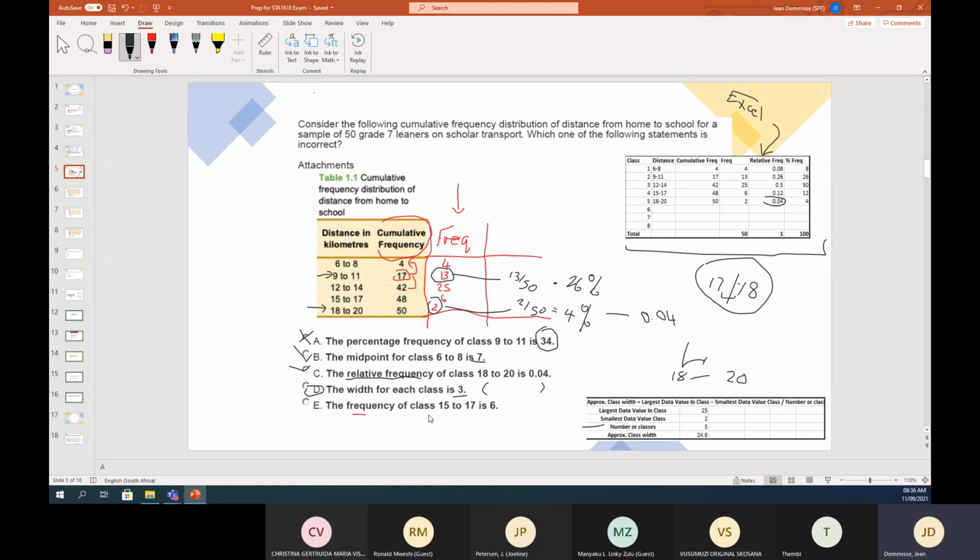Then the frequency of class 15 to 17: again that is just looking at the frequency, so that is correct. The incorrect one was option A. Okay, so if you look at the frequency distribution.